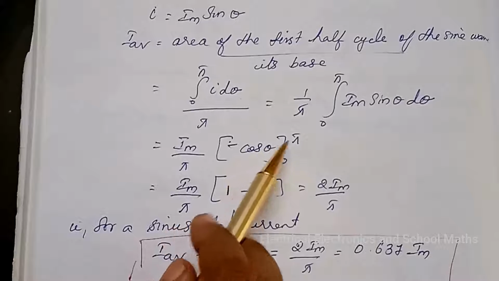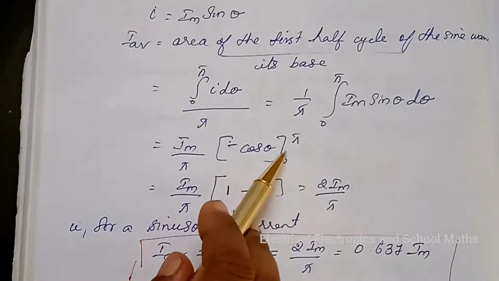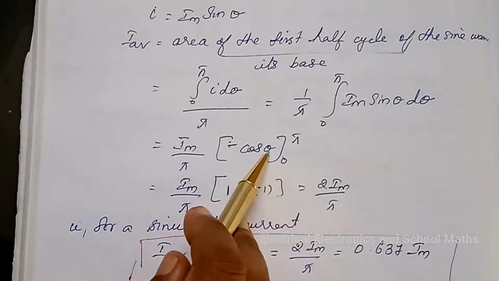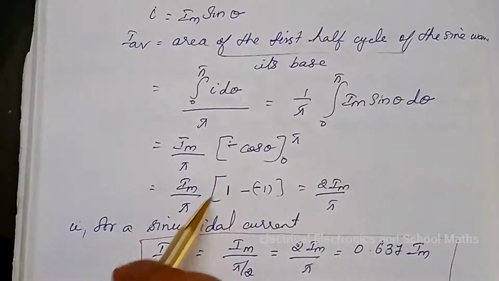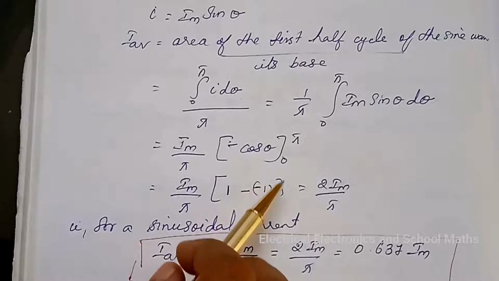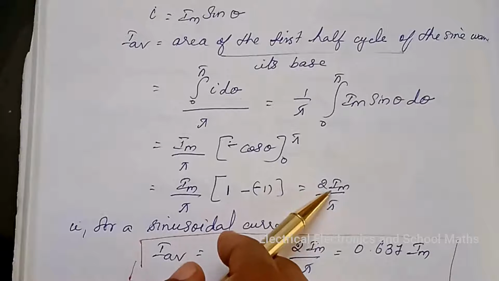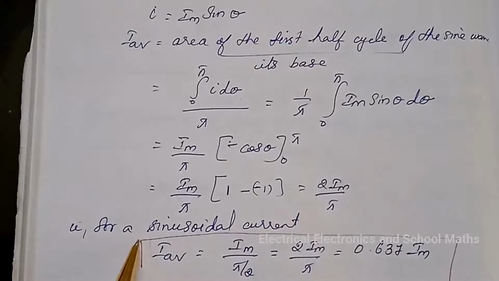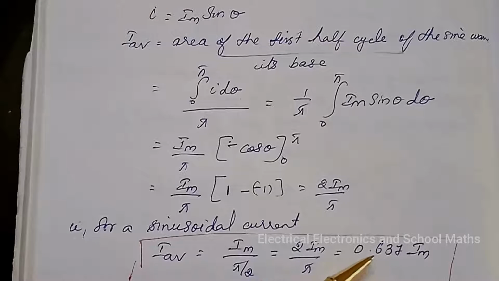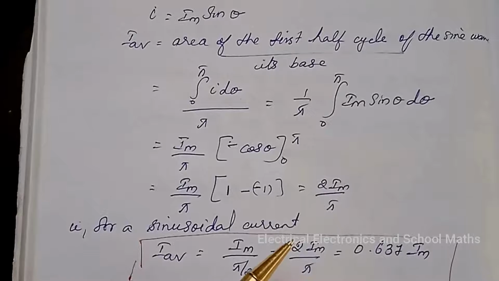Then cos pi is minus 1 and cos 0 is 1. Now we get Im by pi times (1 minus minus 1), equal to 2 Im by pi. That is, for a sinusoidal current, the average value is 2 Im by pi, or we can write 0.637 Im. Im is the maximum value.